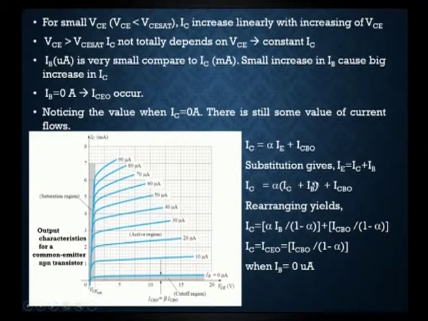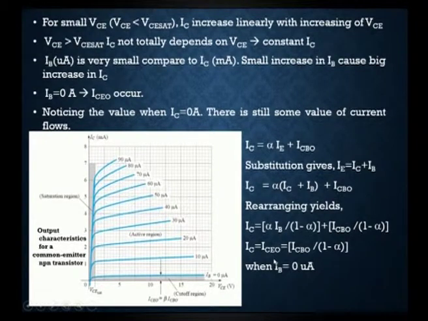After rearranging this equation, it becomes IC is equal to alpha into IB divided by 1 minus alpha, plus ICBO divided by 1 minus alpha. This is the equation we get after multiplying and rearranging, taking the common IC.